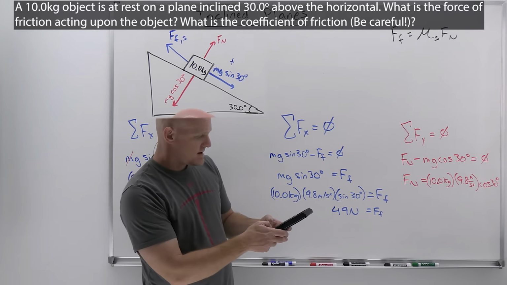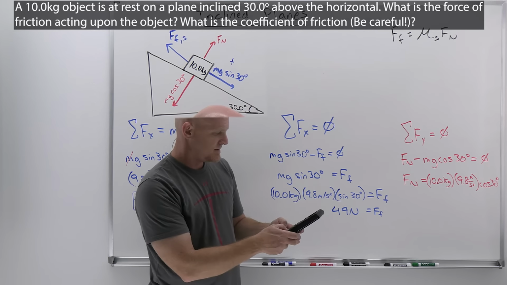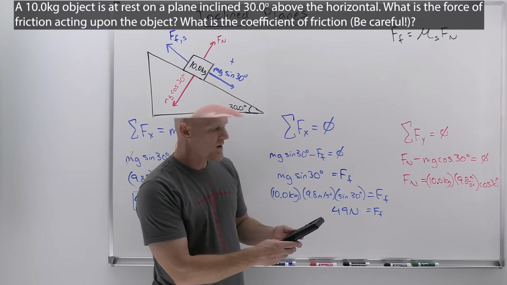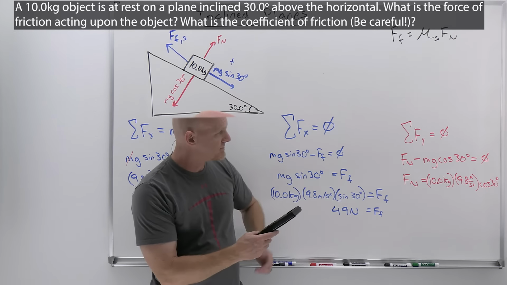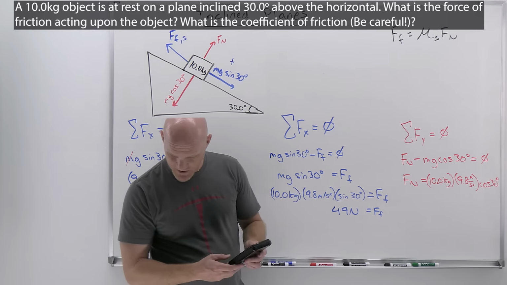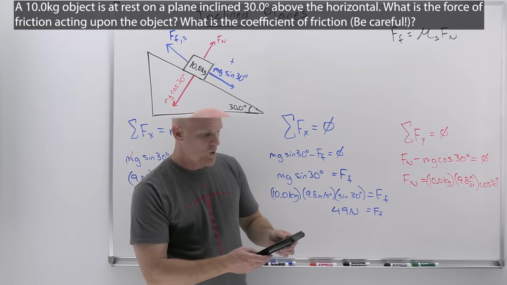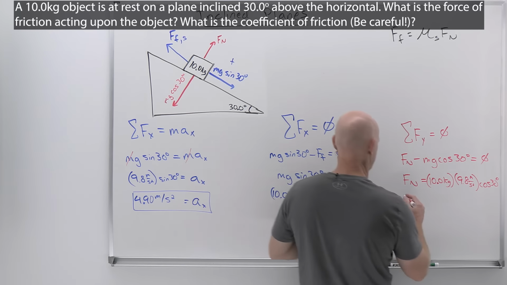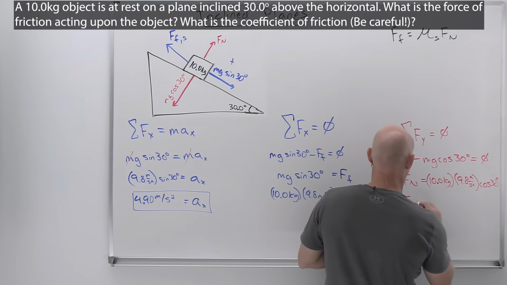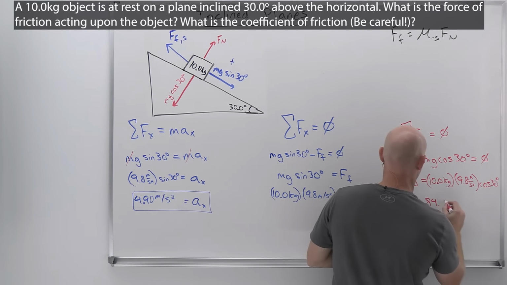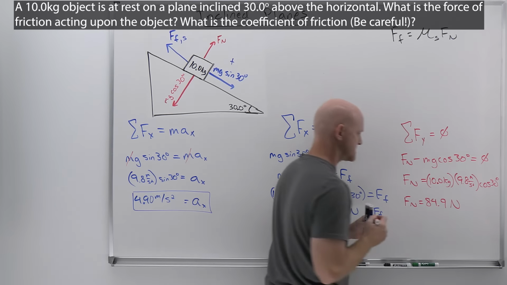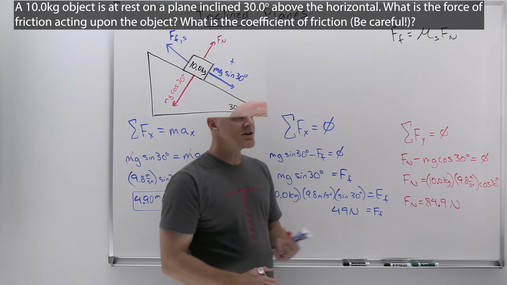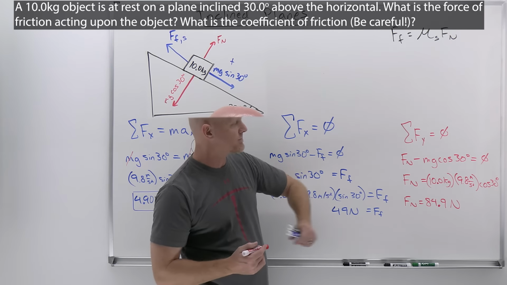All right, 10 times 9.8 times the cosine of 30 is going to get us 84.87, which I'll round to 3 sig figs based on the numbers given here: 84.9 newtons. And the truth is, it's really the final answer I care about, so maybe even carrying out one more digit here wouldn't be the worst thing in the world, because that's not actually the ultimate answer we're looking for.